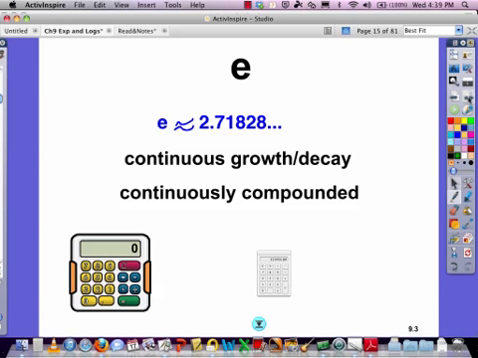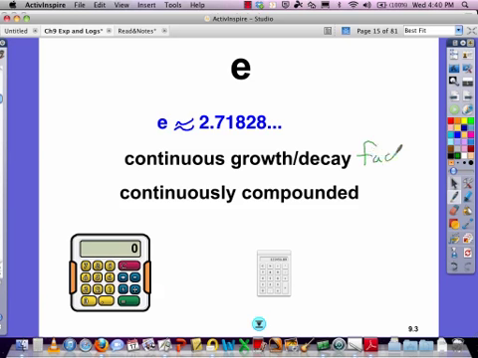2.718281828, it keeps going, but it doesn't repeat really, even though some of you can say, well, it looks like 18281828, but it's actually rounded at that last digit, so it's really not repeating. So this is going to be called our continuous growth and decay factor.